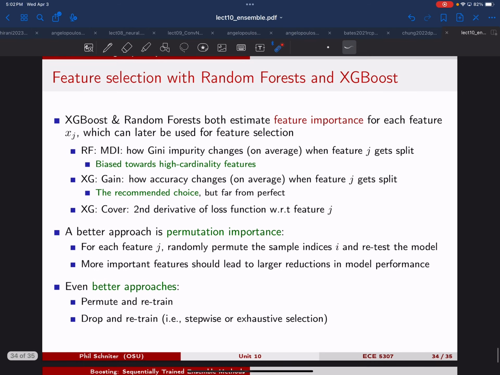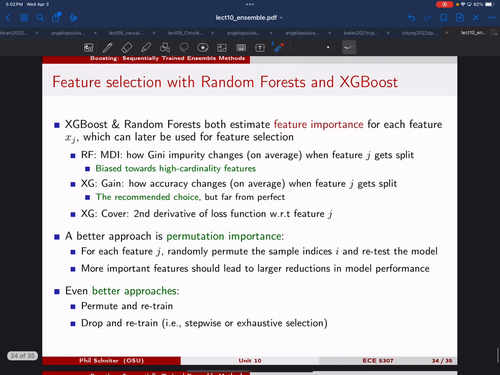One very last comment is you might hear about feature importance. It's something that when you train a tree, whether it's XGBoost or random forest, sklearn or XGBoost, it gives you just out of the box a rough indication of how important each feature is.